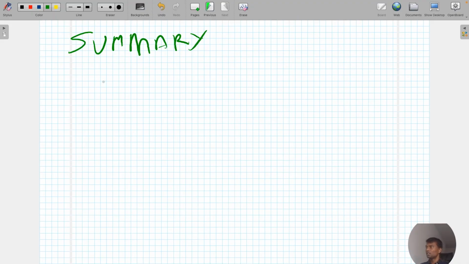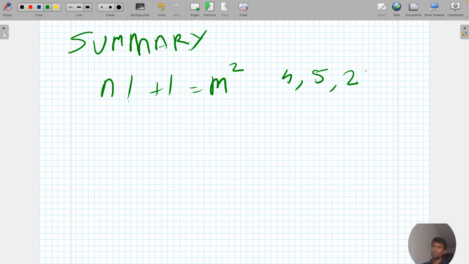Let's look into the summary. For this particular equation, there are only three sets of integer values which satisfy this equation. They are 4, 5, and we have 25. So n, m, and m square. We have 5, then we have 11 and 121.